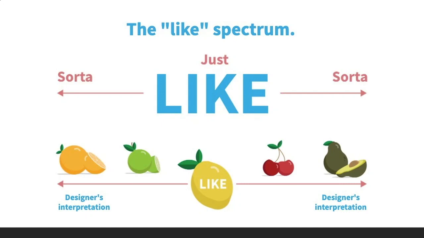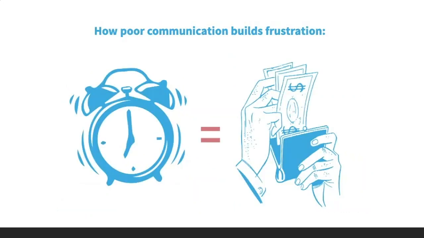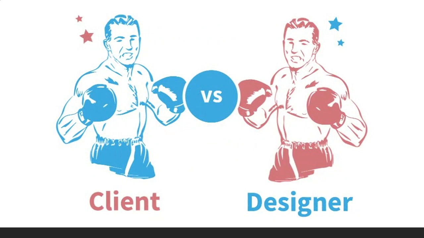But as you can see, if we're not using that word correctly, if we're not communicating clearly, we all know that time is money. And this can start to build frustration because let's face it, people in a specialized field like design, they aren't cheap. So this is what can happen. And unfortunately, I have found myself in this position based on poor communication on my end or poor communication on the client's end.